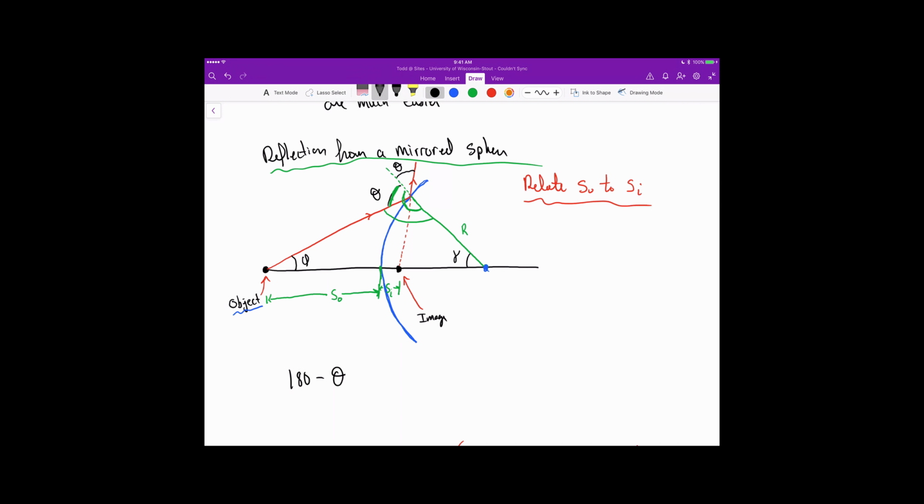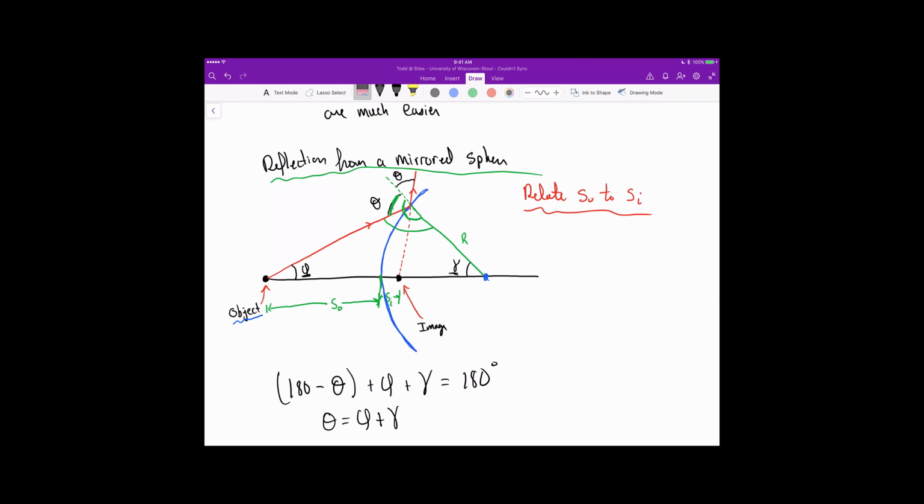Now, that is the interior angle of this triangle, where the other two angles are phi and gamma. And so the sum of those three angles, in other words, the sum of this angle plus phi plus gamma, has to be equal to 180 degrees, which gives me theta is equal to phi plus gamma.